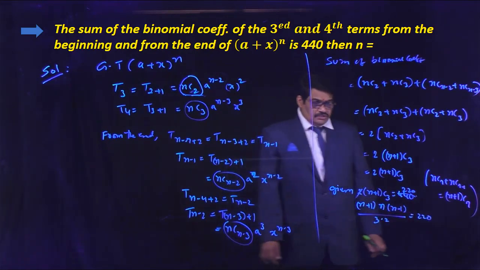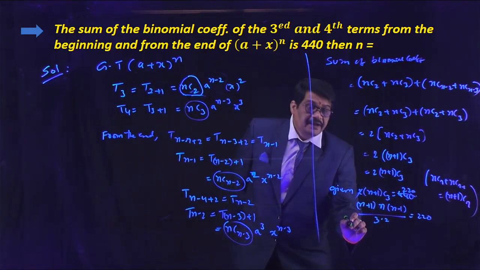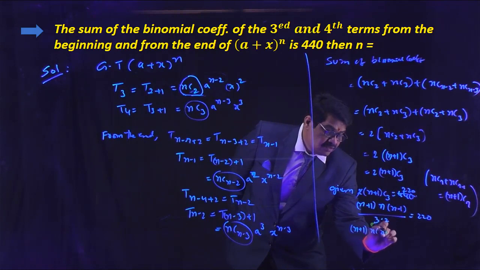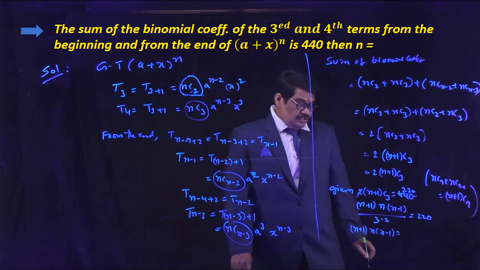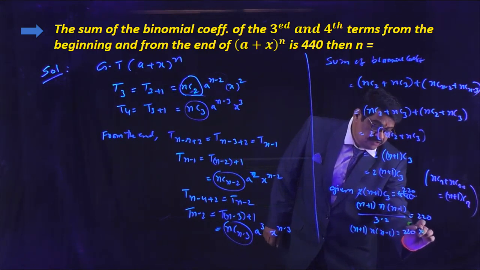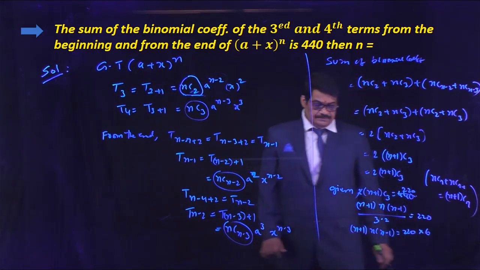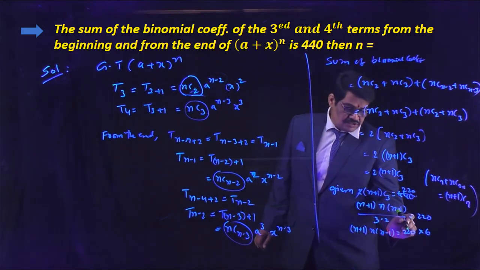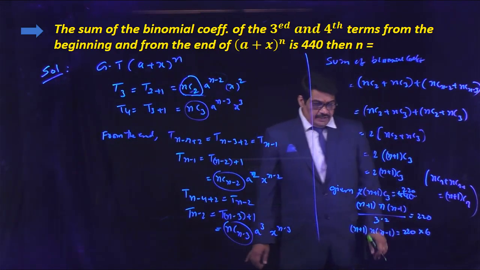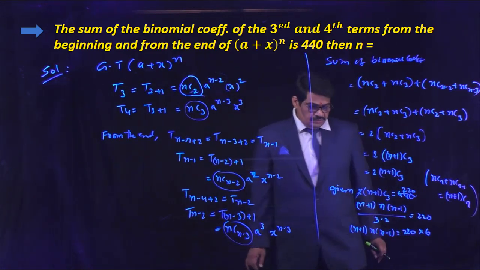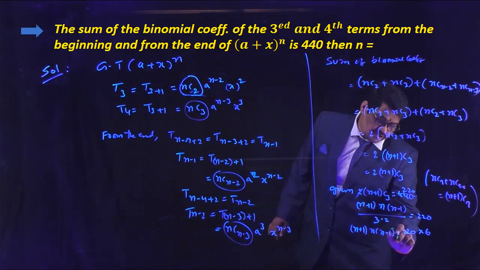So that is n into (n+1) into (n-1) equal to 220 into 2 into 3, that is 6. Now this can be written as the consecutive product of natural numbers, 3 successive natural numbers.